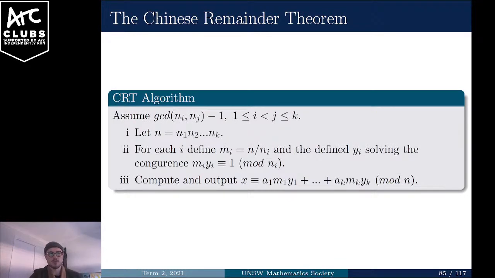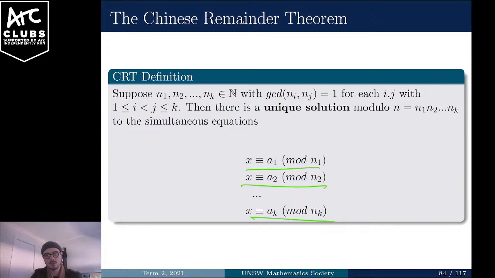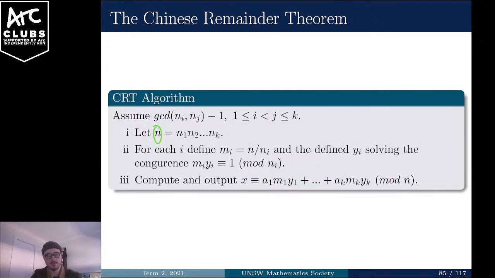So this is the algorithm. You let n be the product of all the different moduli. Your solution at the end is going to be modulo that modulus that you just found.